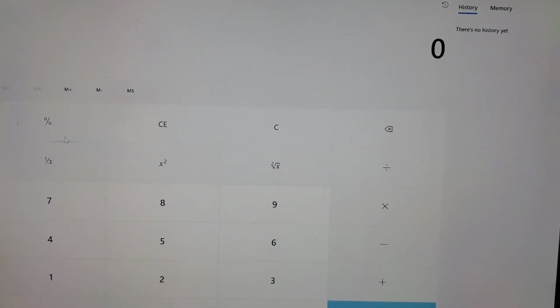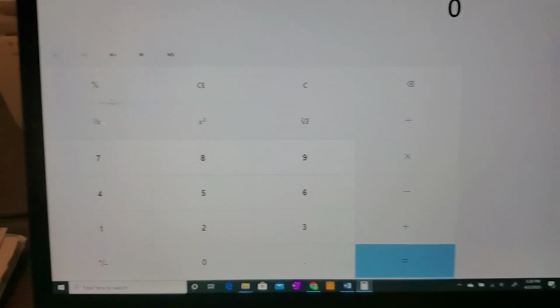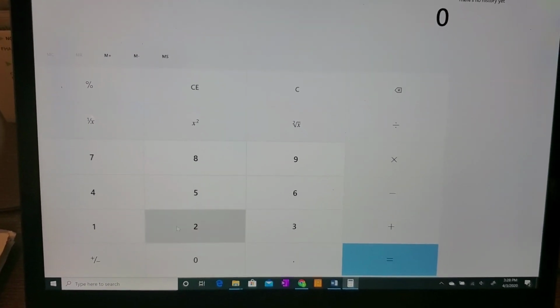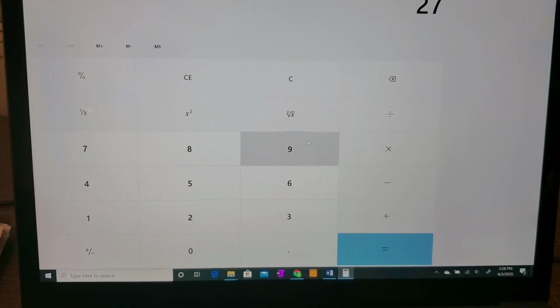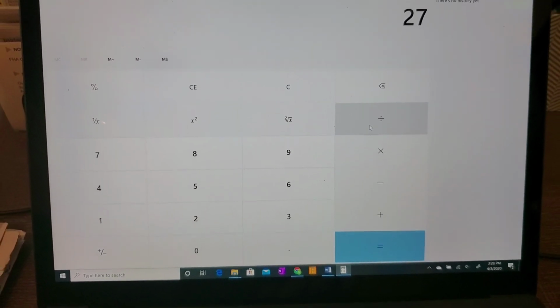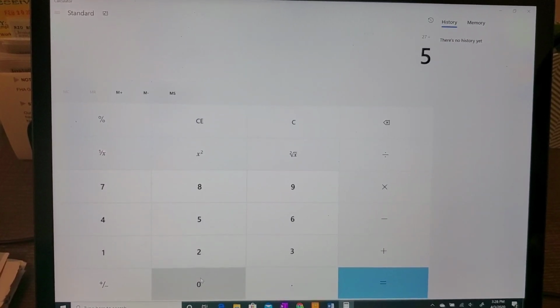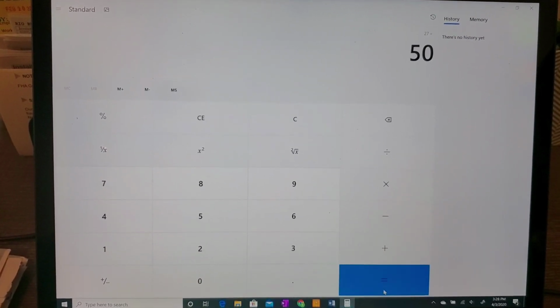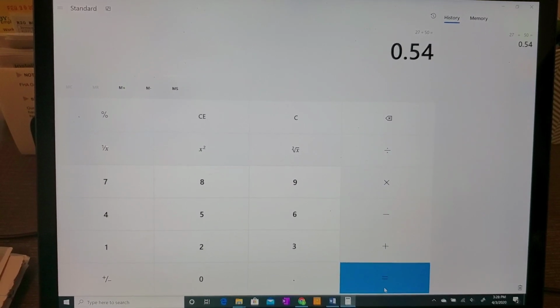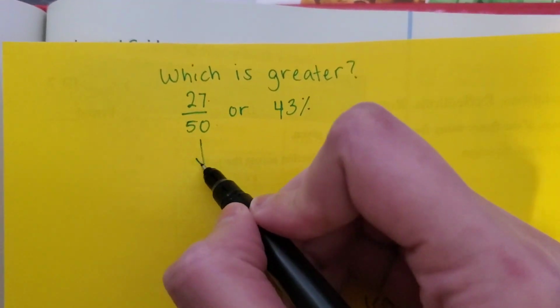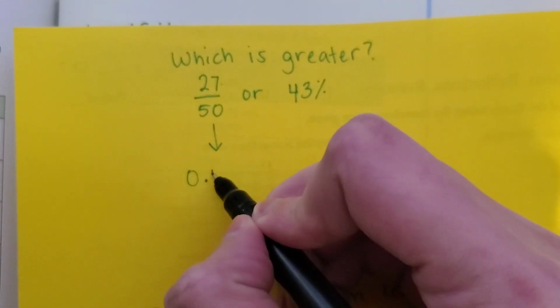The fraction was 27 over 50, so make sure you put 27 first, then divide by 50. Type in 50, then equals, and you get your decimal, 0.54. So we're going to go back here, and this we already said was 0.54.